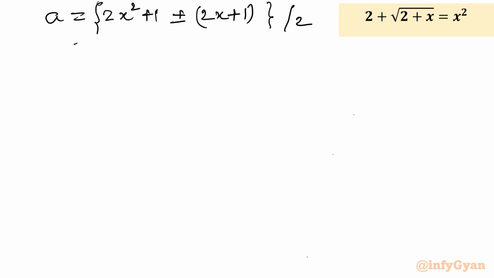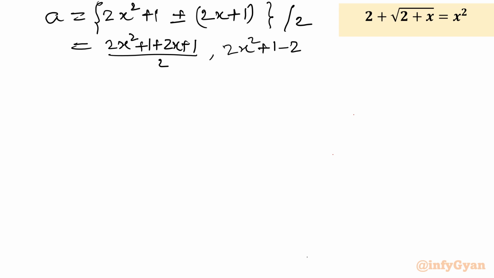Okay, now let's expand using plus and minus sign. If I write plus sign, I will have 2x square plus 1 plus 2x plus 1 divided by 2. And if I consider minus sign in between, I will write 2x square plus 1 minus 2x minus 1 divided by 2. Let me cancel plus 1 and minus 1.